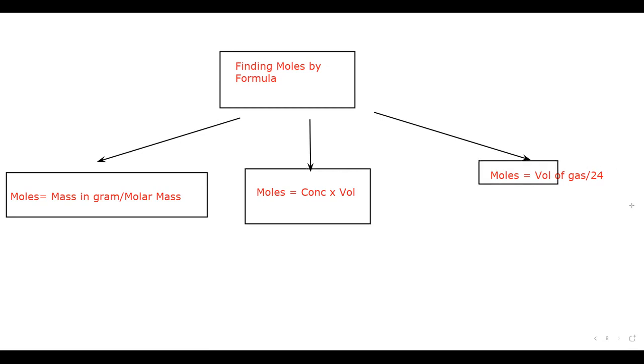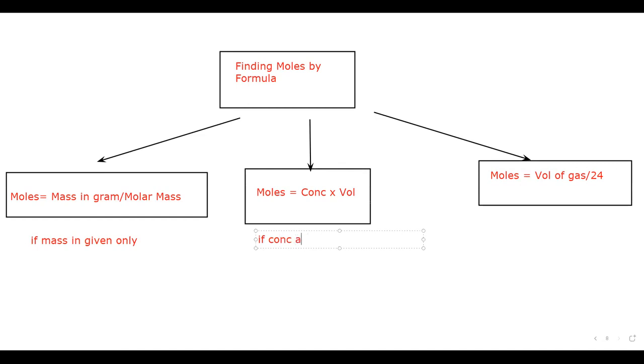So how do you recognize which formula to use? Number 1, if mass is given, then you will use the first formula. The second one, if concentration and volume are given, you will use the second formula. And the third one, if volume of gas is given, and the condition is that the substance should be a gas.